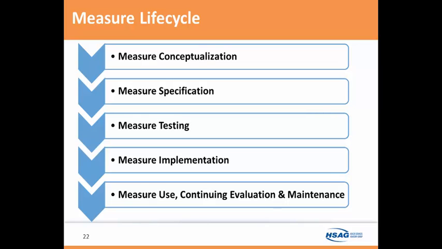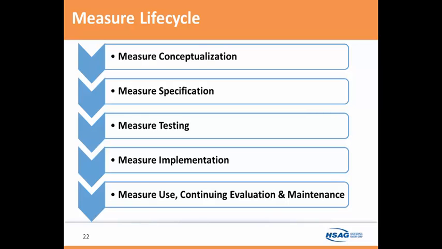These are the stages of a measure's life. Measure conceptualization refers to developing the evidence base for new measures and defining the basic elements of a measure concept. Measure specification provides the technical instructions for how the measure is to be collected and implemented. Measure testing includes both alpha and beta testing, which completes the development stage of the process.